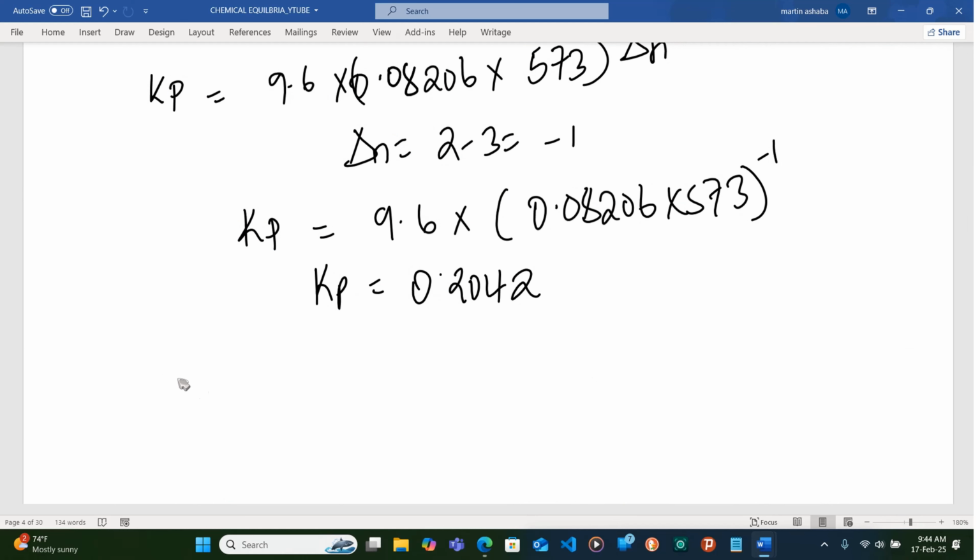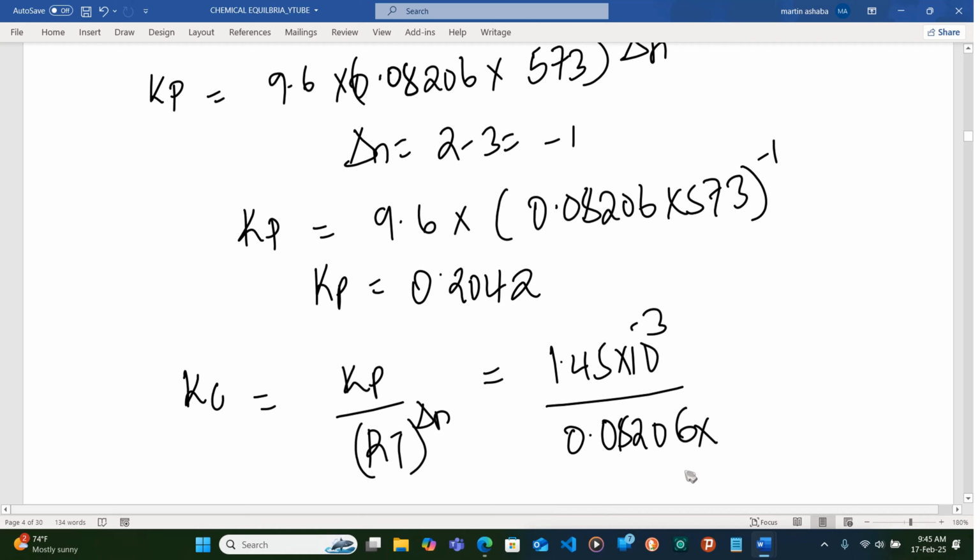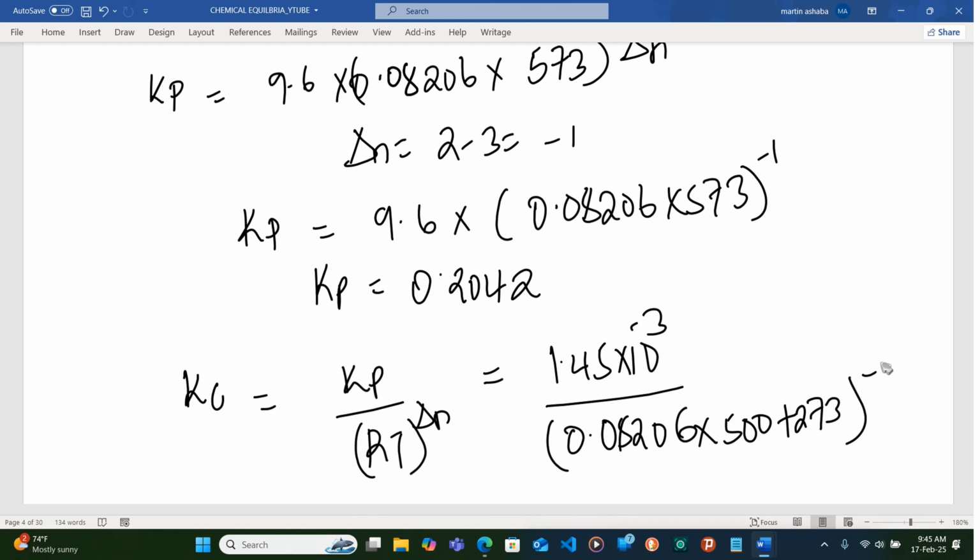So that means I'll be looking for Kc, which is equal to Kp divided by RT to the power of the change in n. Kp is given as 1.45 times 10 to the power negative 3, divided by (0.08206 times (500 plus 273)) to the power negative 1.